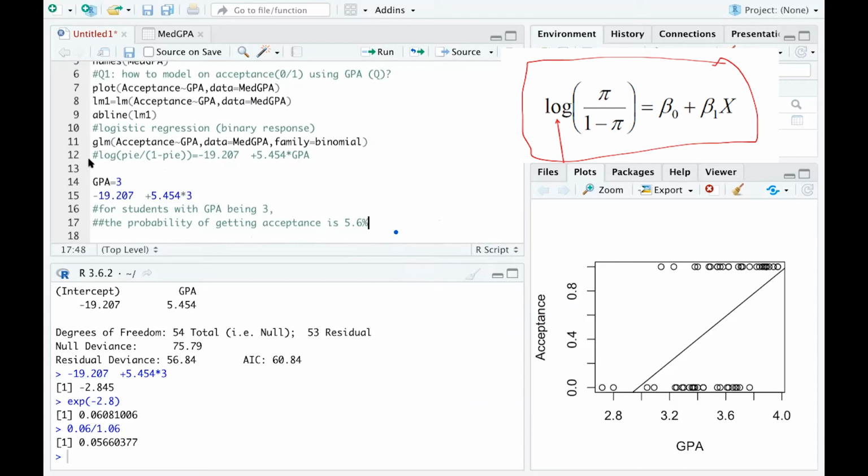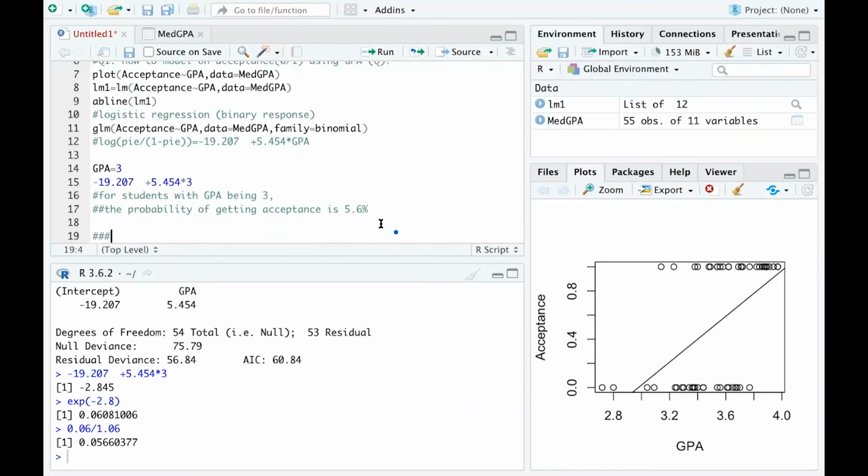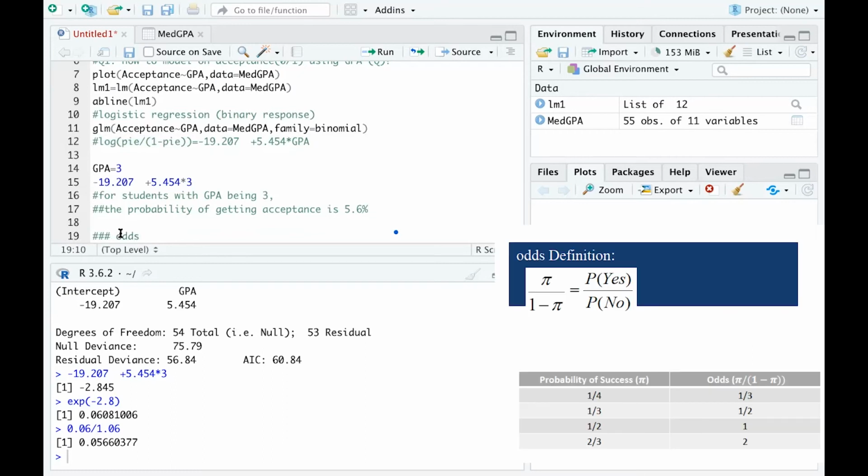So we are getting the model here, and this talks about how we should use that model. Can you get predictions on the probability of being accepted? And then we can continue. So we know this is log pi over 1 minus pi. And you can also think about a definition called odds.